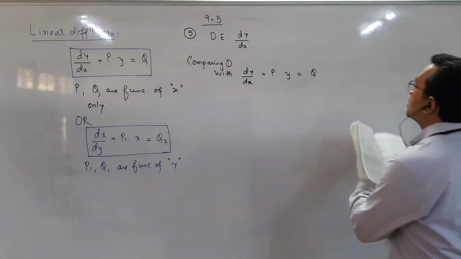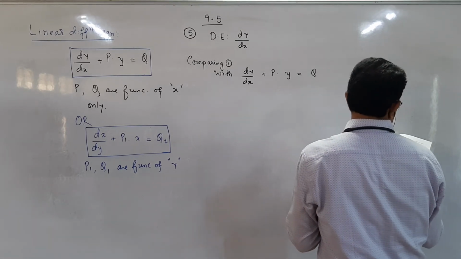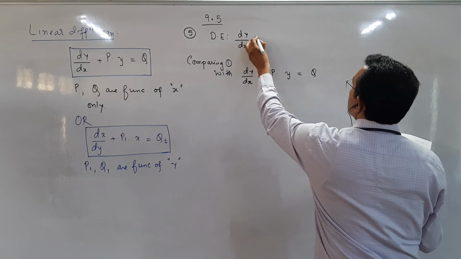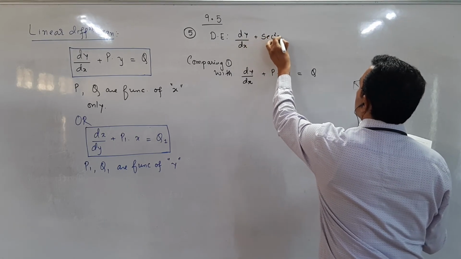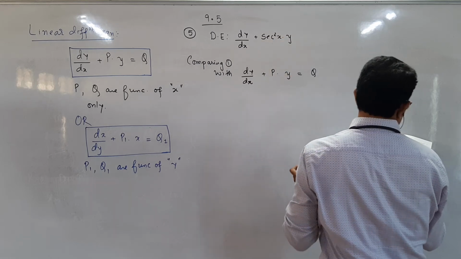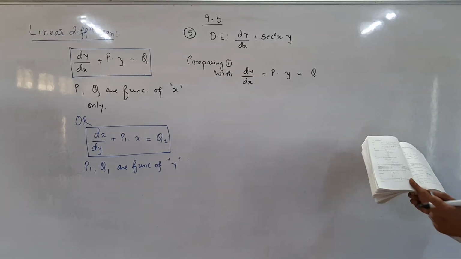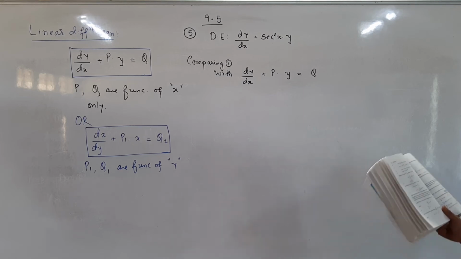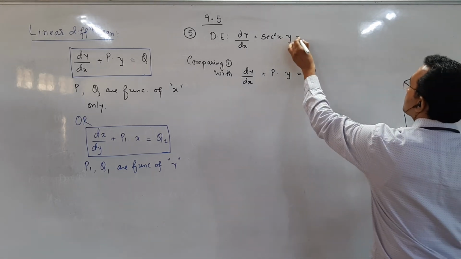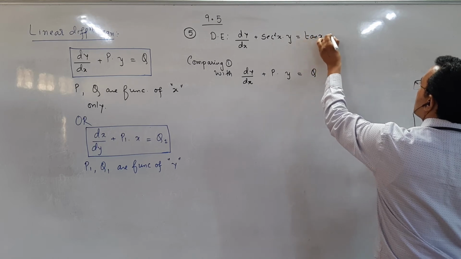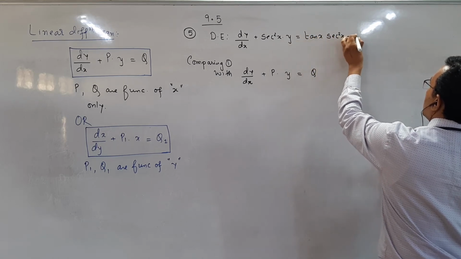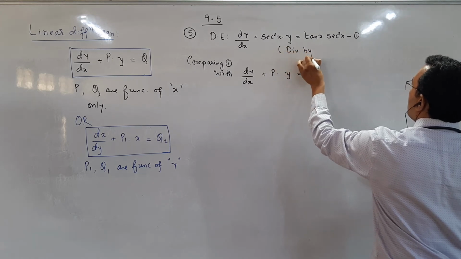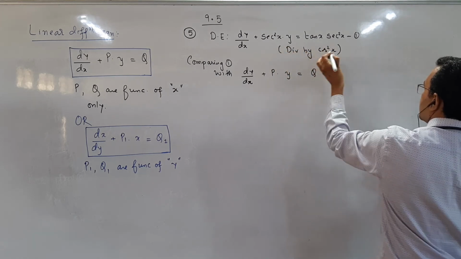Fifth question, dy by dx. Now I am dividing by cos square. So this will be sec square x into y, and tan x upon cos square x, students. So I have divided by cos square x.